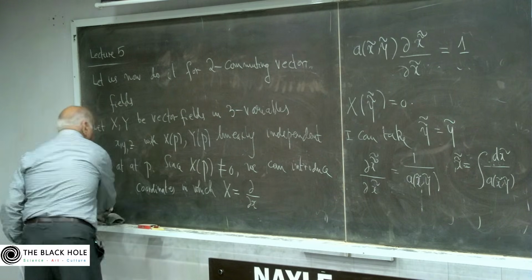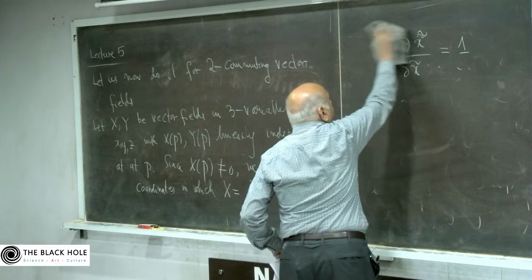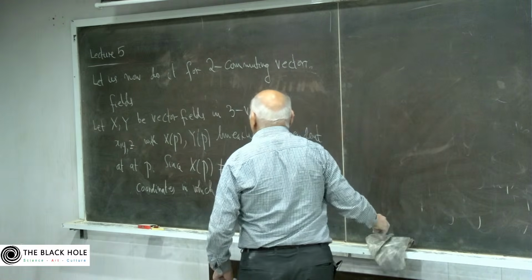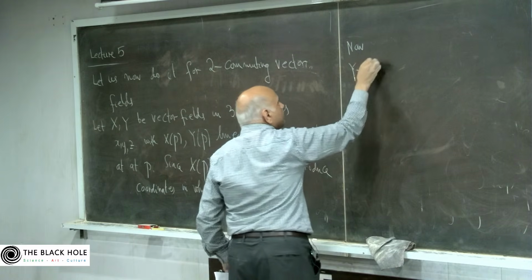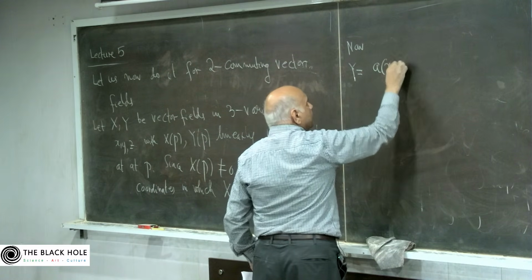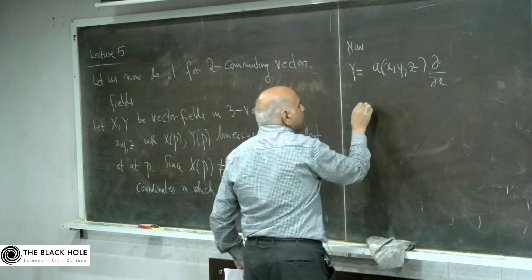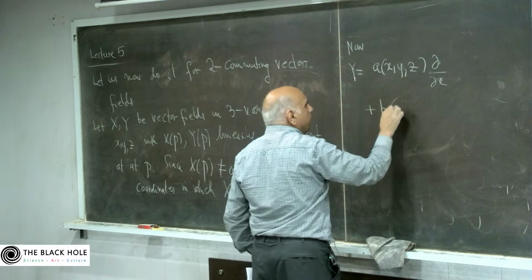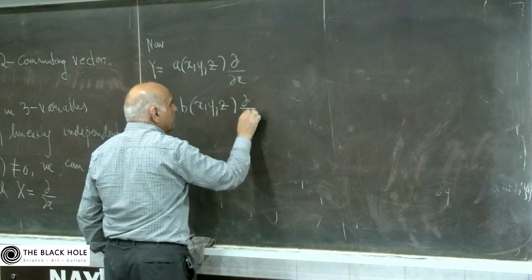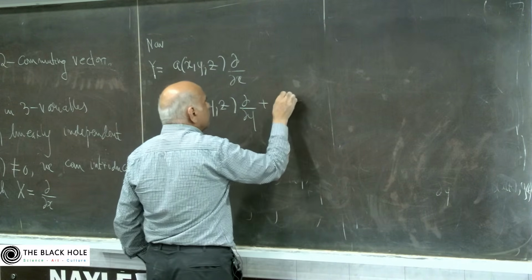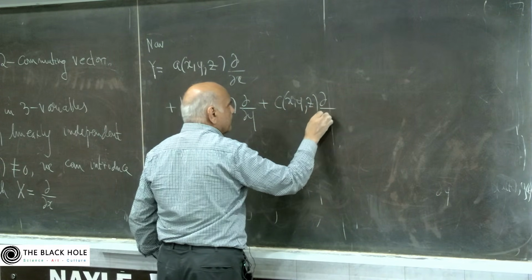Now Y is equal to a of x, y, z partial by partial x plus b of x, y, z partial by partial y plus c of x, y, z partial by partial z, right?